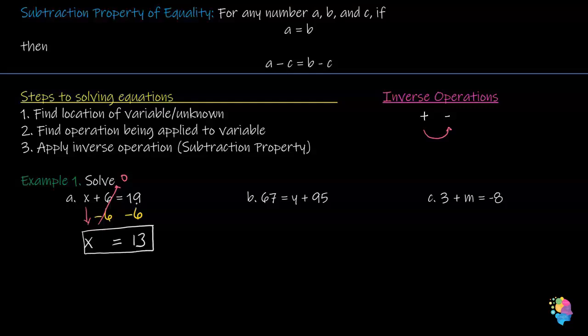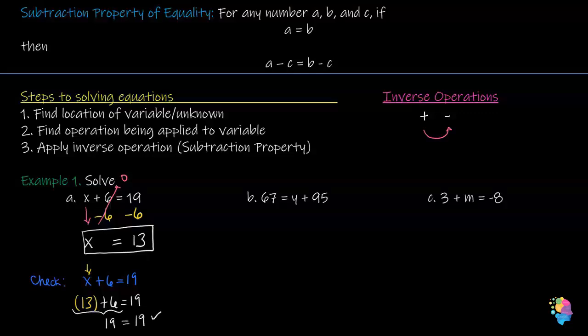Now, can we check if we did this correctly? Yes, you can. Let's write it down. We bring down the equation, and then we replace in x the solution that we found. So that was 13. Bring the rest of the equation. And 13 plus 6 is 19, which means that the left side is equal to the right side.